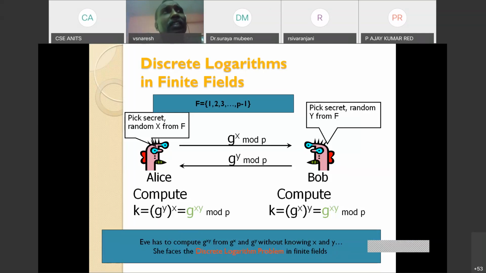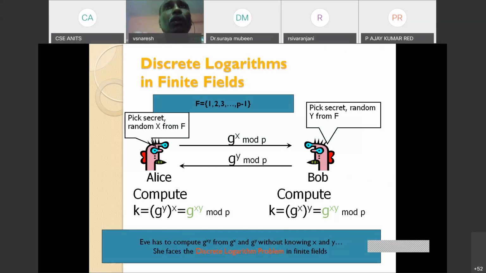First, there are two people, Alice and Bob. Alice will take small x, Bob will take small y, and g is called the group generator. Before the key agreement, the two people agree on some group generator g, because g may be public, known to anybody, no problem with that.